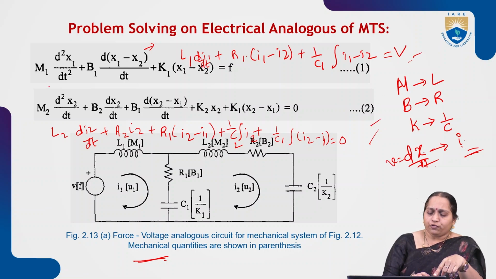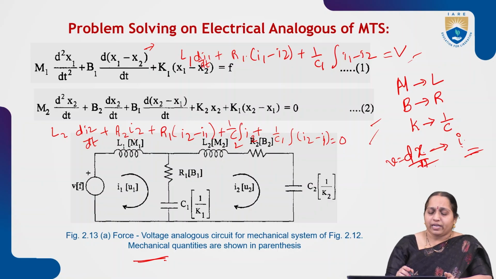First, if you see L1 into di1 by dt, let me place mass element M1, whose electrical equivalent is an inductor in force voltage analogy. So you have inductors L1 and L2. Which elements have both I1 and I2 in common?